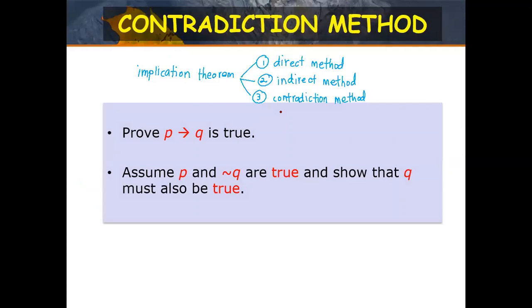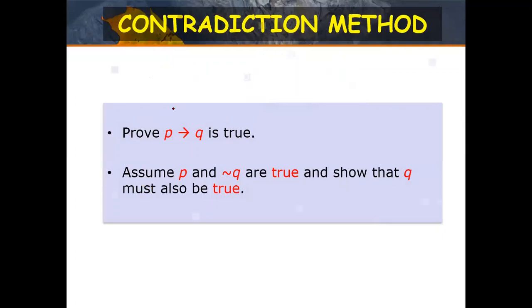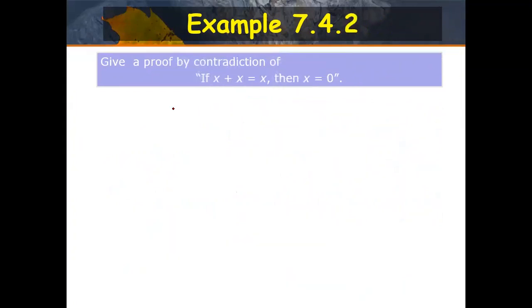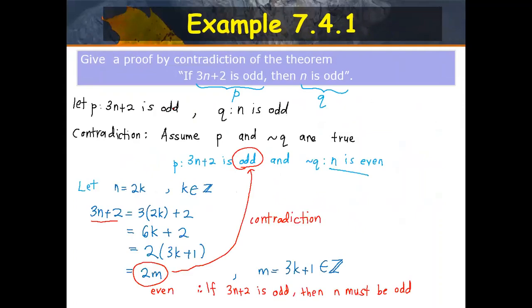Sebab kalau you tengok, kat sini dia kata we assume that P and not Q are true, and we want to show that Q also must be true. So that's why we have it like this. Then n must be odd. Mesti ada perkataan must lah sebab dia must be true. Alright, so that is example 1 for the contradiction technique. Hopefully you understand. Sama je start dia.